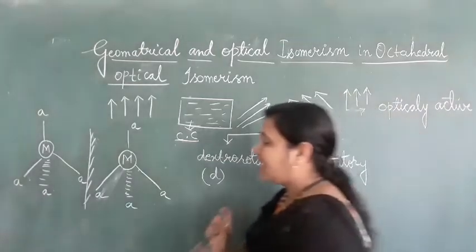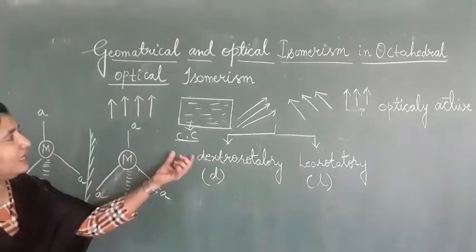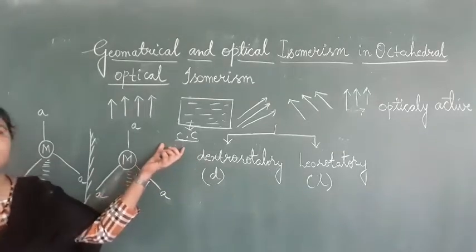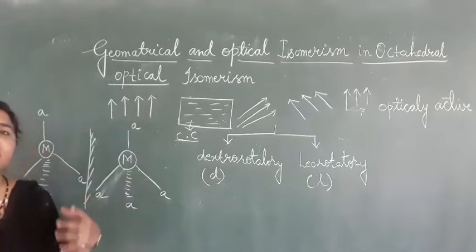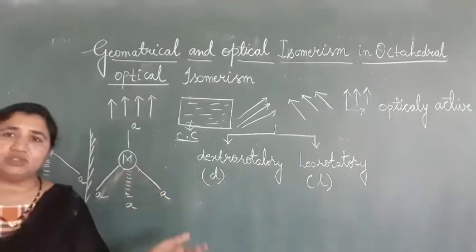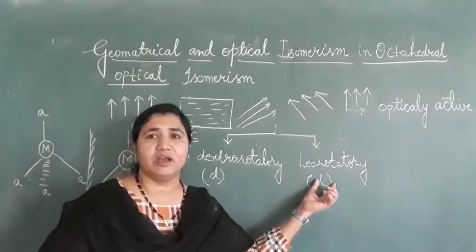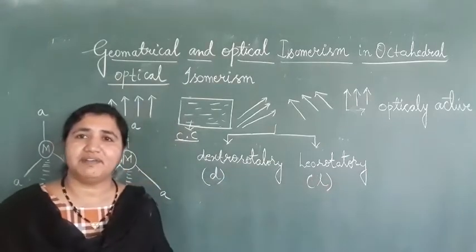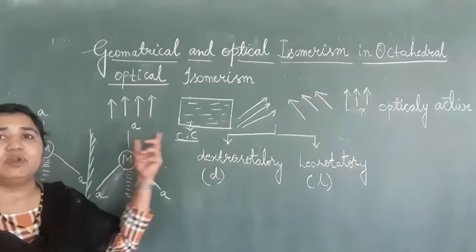So these optical isomers are a pair of molecules. These optical isomers are a pair of molecules which are mirror images of each other. Here we have dextro, here we have laevo. The molecules have the same molecular formula, but they differ in rotating the plane polarized light.